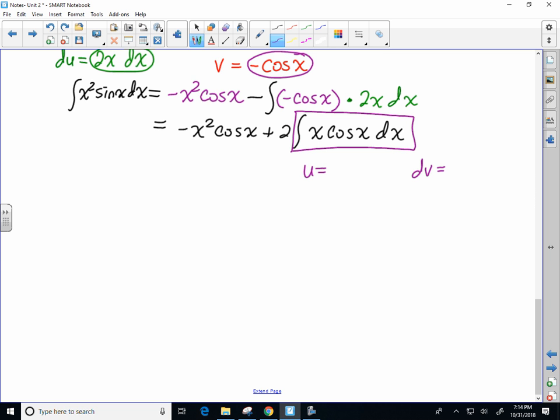All right, so we would have x and then cosine x dx. du equals dx, v equals sine x.